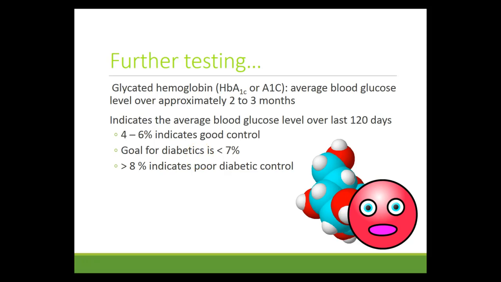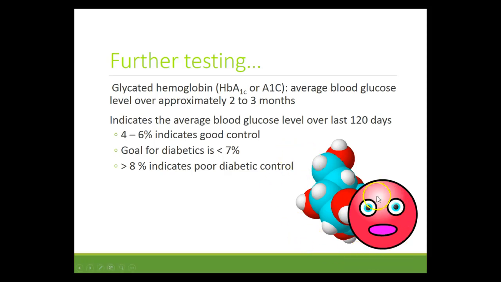Further testing, the glycated hemoglobin, the HbA1c or A1C, looks at the average blood glucose levels over approximately 2 to 3 months. It indicates the average blood glucose level over 120 days, because remember we talked about the lifespan of a red blood cell.